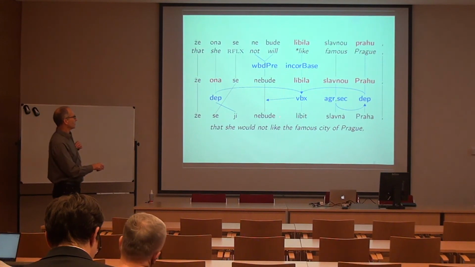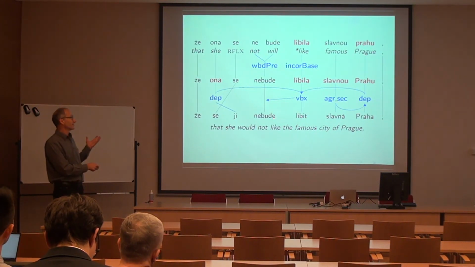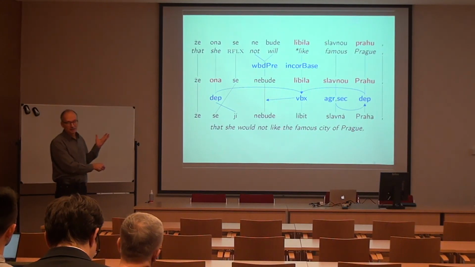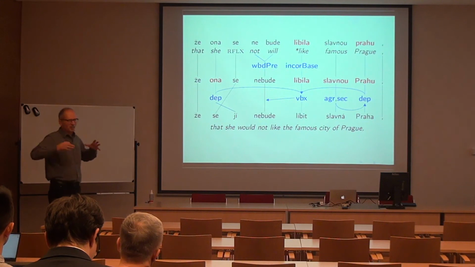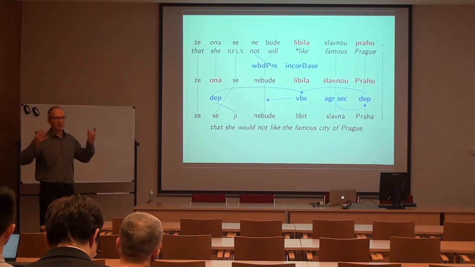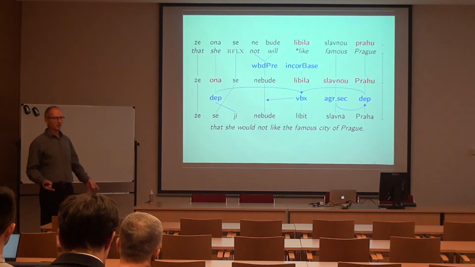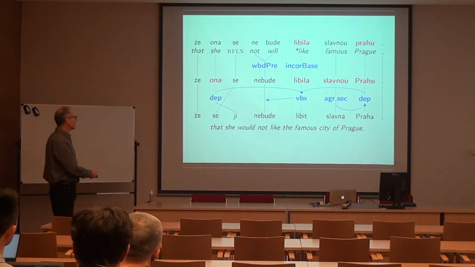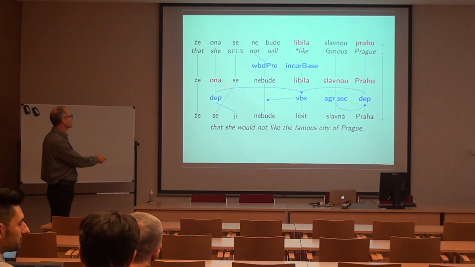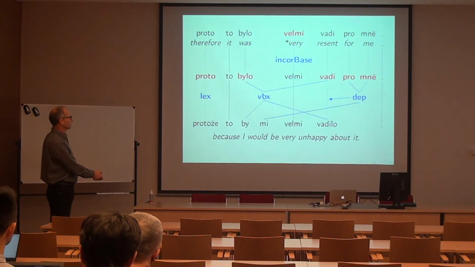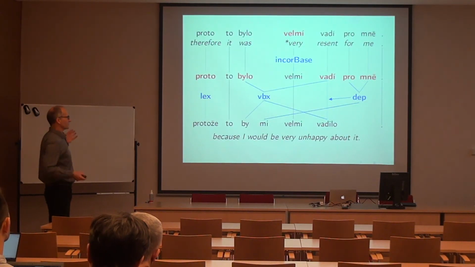And this is a wrong form in Czech. It should be infinitive, and the reason why it's infinitive is because it's assigned this form by this auxiliary. So this is really probably the worst type of example that you may come across as an annotator. So that's why I'm presenting it here. And you do the word order changes here as well. And this is even worse.